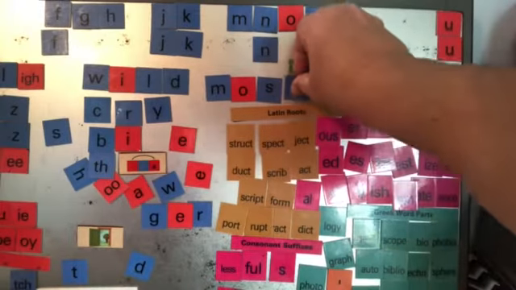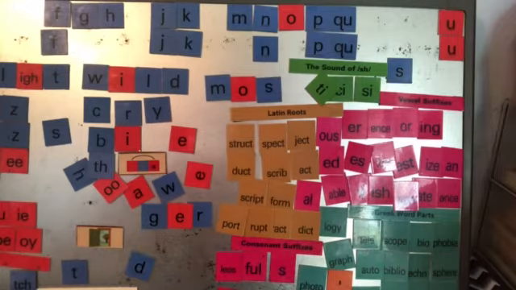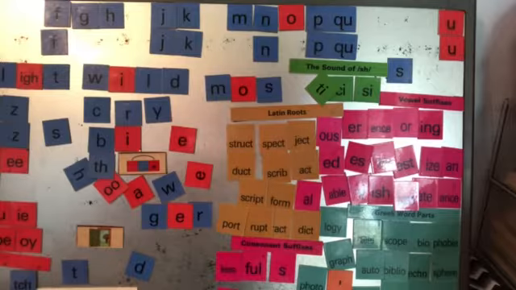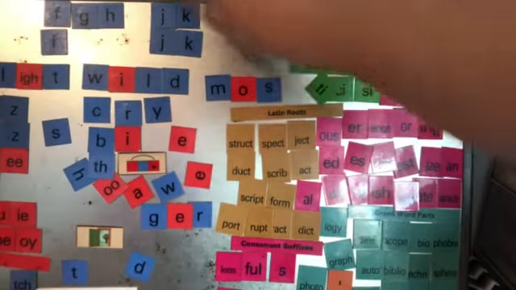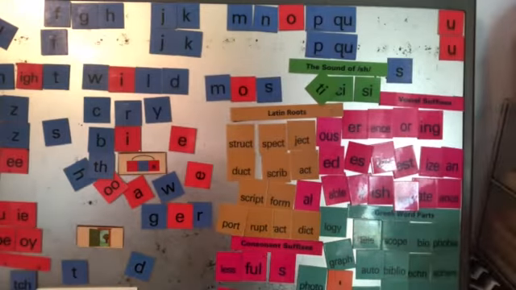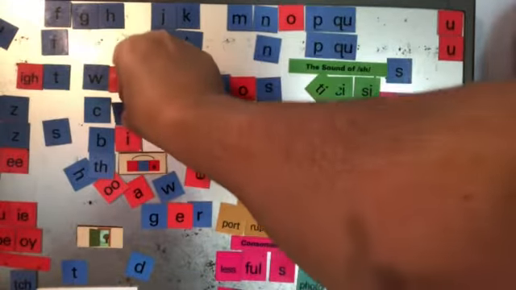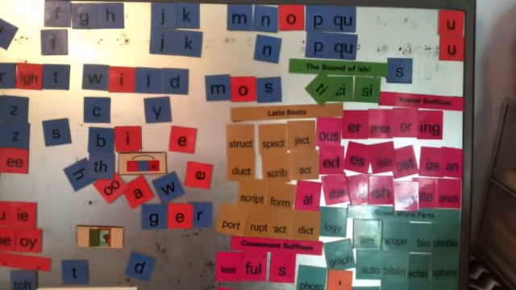Here we go. Light. Tonight is another word, so you have to spell the word to, which most of you know is T-O, to, and then all you have to do is spell night. So we're just going to replace the L with the N, and we have tonight. And then our last word is right. So again, we're going to just replace our N with the R, and we have the word right.